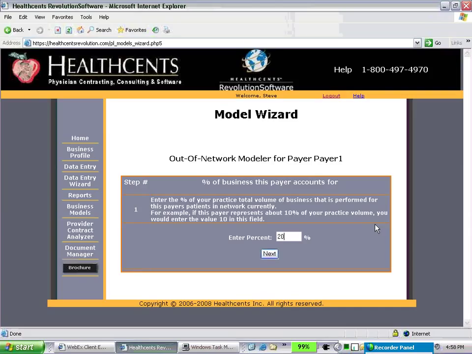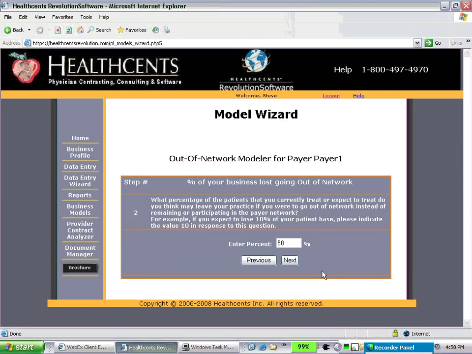The first question is, what percent of your overall practice volume is represented by this particular payer? And in this example, we'll say it's 20%. And then the next question is, what percentage of the patients that you currently treat or expect to treat do you think may actually leave your practice if you were to go out of network instead of remaining in the payer's network?